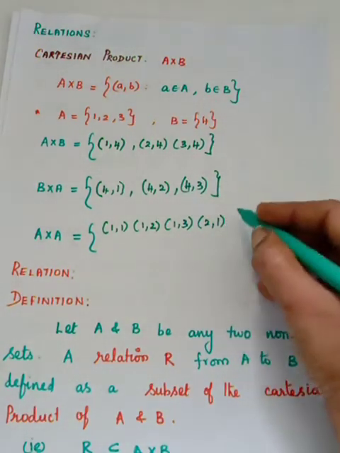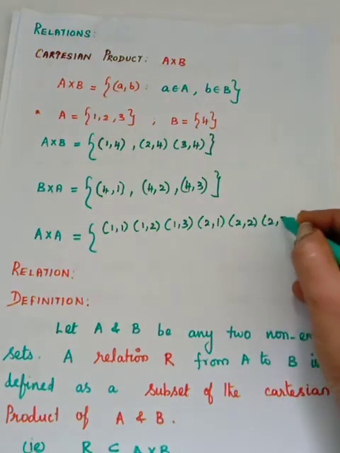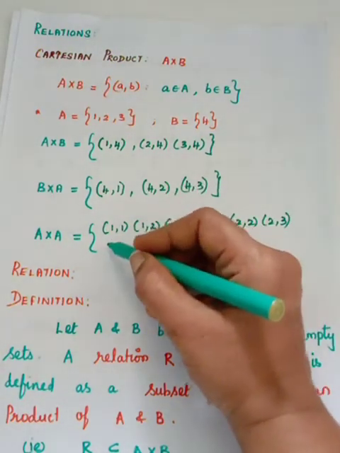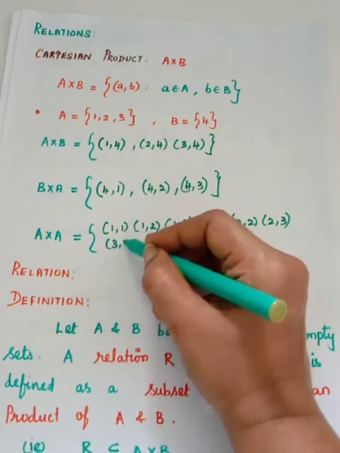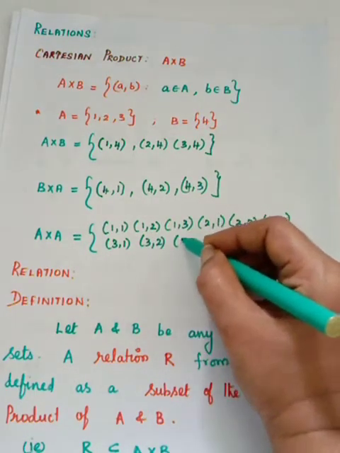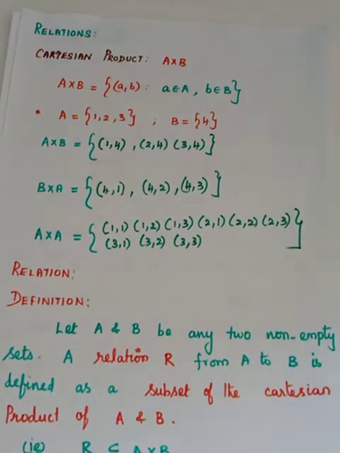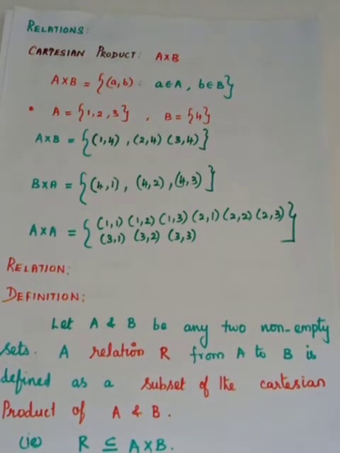Next 2 comma 2. Next 2 comma 3. Okay. So the third one is 3 comma 1, 3 comma 2 and 3 comma 3. So this is your A cross A.